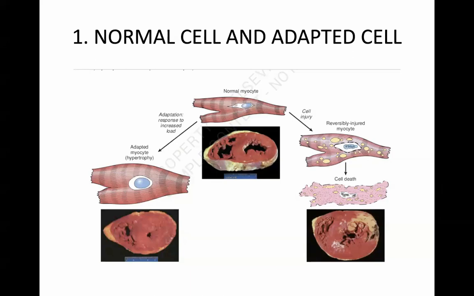The myocardium is subjected to persistent increased load, and the load it is subjected to is the contractile force that it has to go through to pump blood or fill with blood.